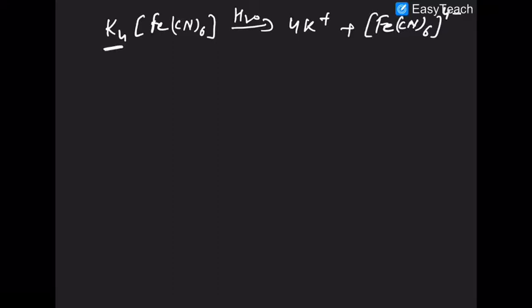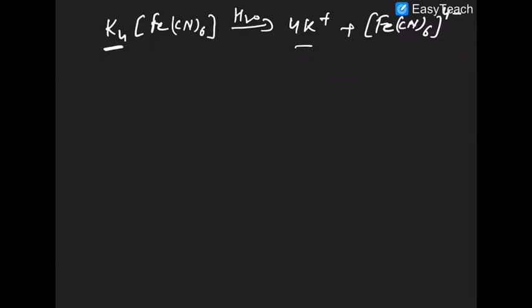So the species that is outside the coordination sphere will undergo dissociation, but the components which are inside the coordination sphere will remain intact. That is a very simple point you have to keep in your mind. Are you getting that or not? So Werner proposed a theory on this observation.